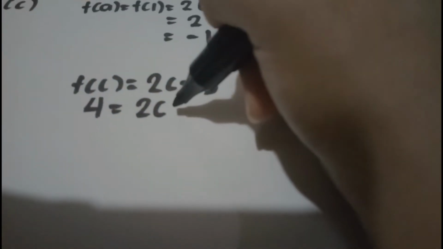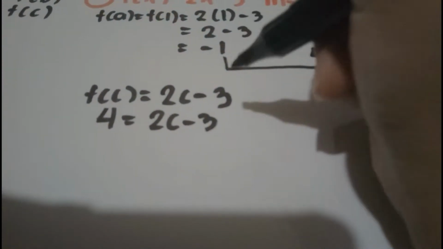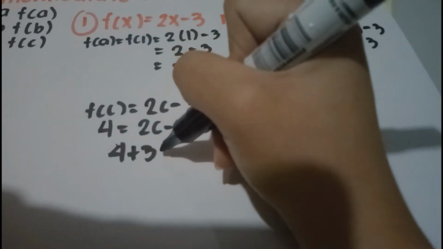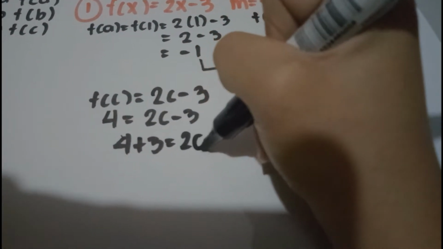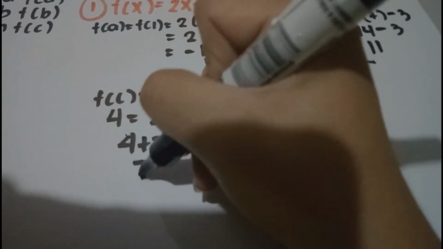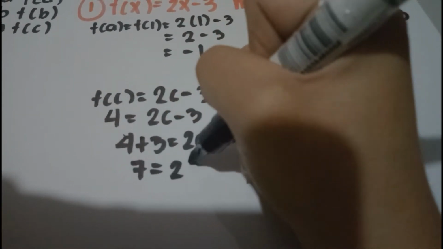So 4 is equal to 2c minus 3. Then transpose negative 3 to the other side to get the value of c. 4 plus 3 is equal to 2c, then 7 is equal to 2c.